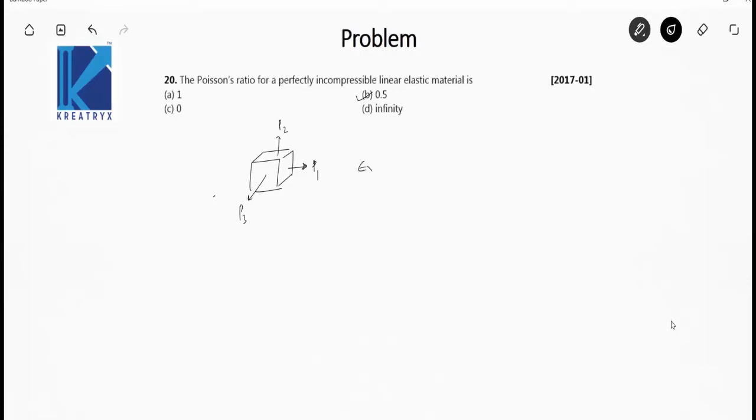So strain in x direction will be written as P1 by E minus the lateral strains due to stress P2 and stress P3. So minus mu P2 by E minus mu P3 by E.